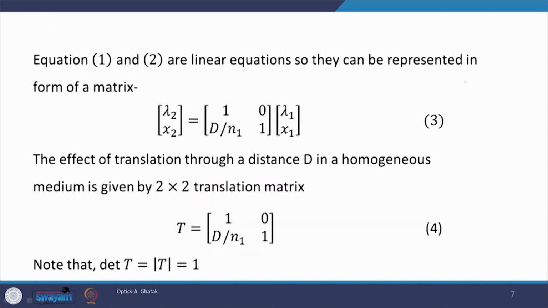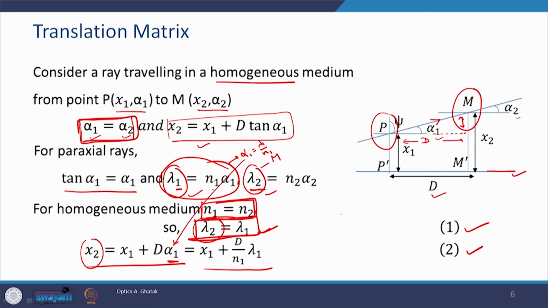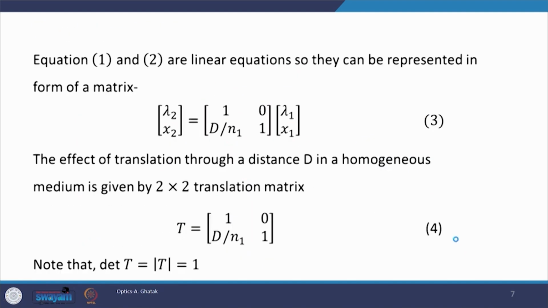It is a linear equation. So, we can write on the left hand side lambda 2, x2 is equal to some coefficient matrix and then lambda 1, x1. Lambda 1 and x1 is the input. Once you know the input, you can calculate the output, and to calculate the output you will have to multiply the input with some matrix. What is this matrix? We can fill this matrix once we know our equations 1 and 2, and this is how we have filled it.